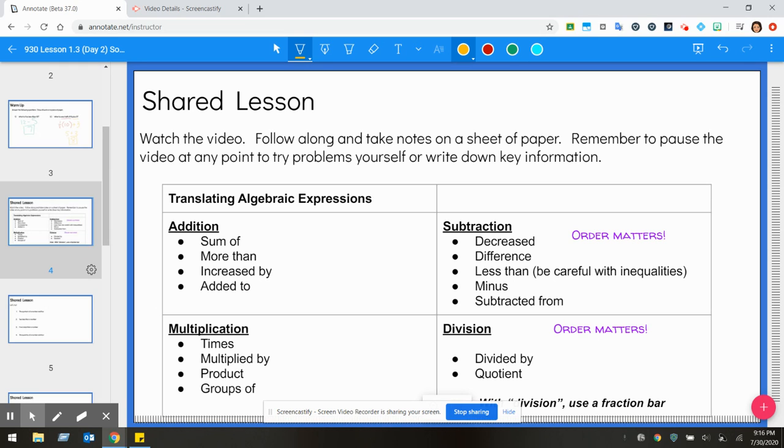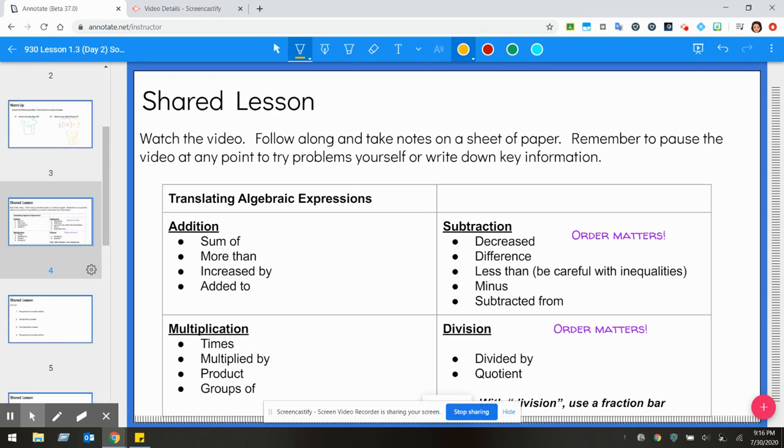When we are translating algebraic expressions or equations, there are some key words for addition, subtraction, multiplication, and division to look for. If you see the words sum of, more than, increase by, added to, that should be a big indicator that you're going to use addition.